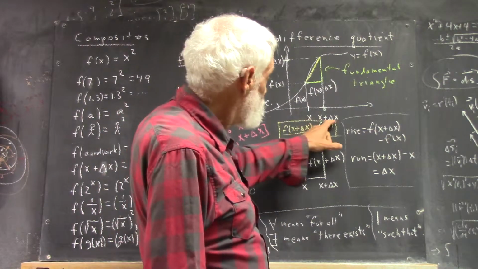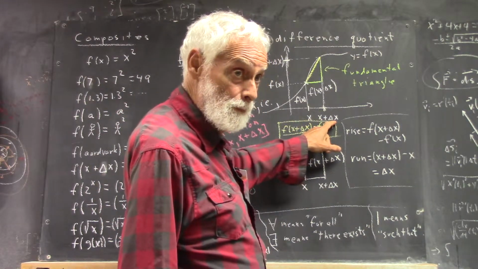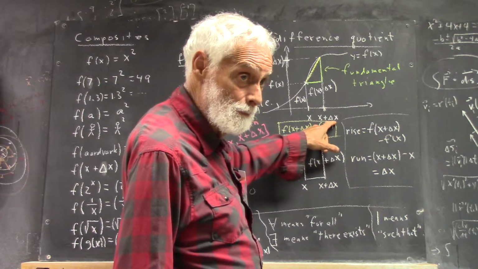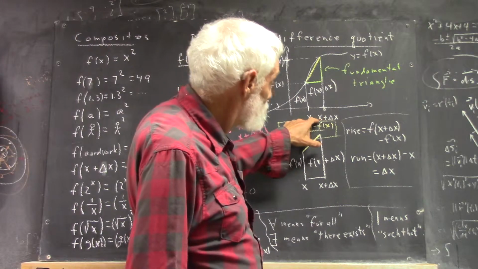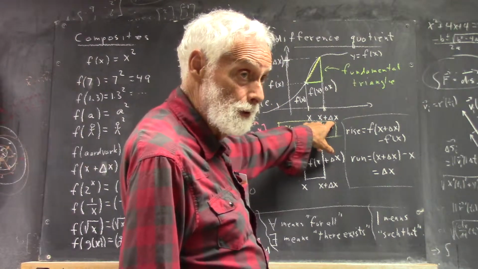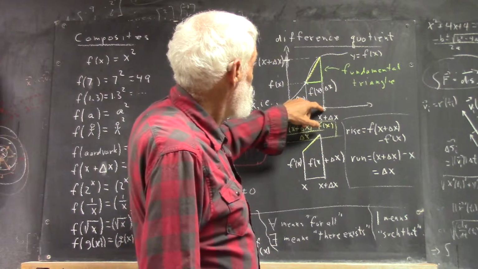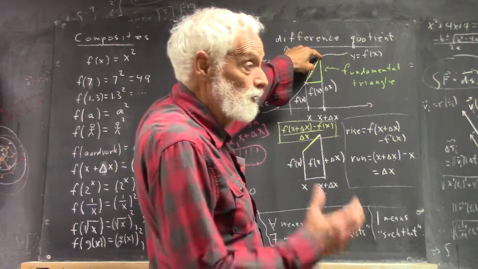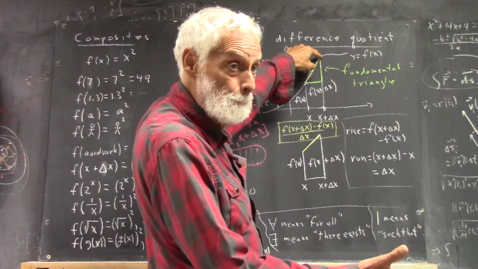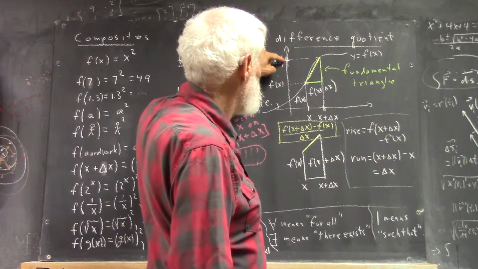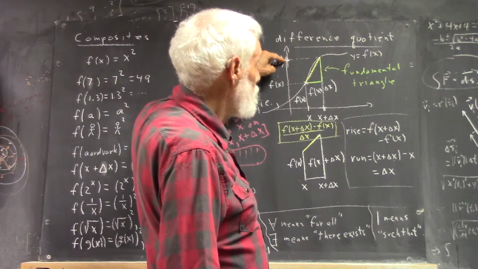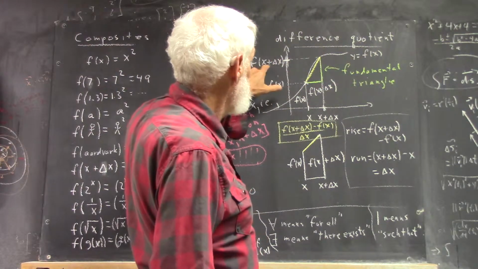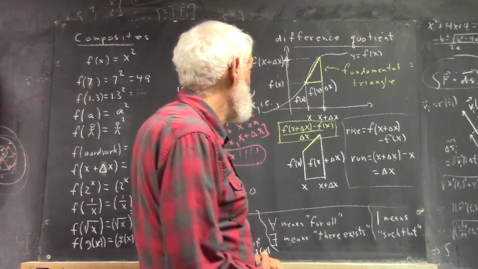Now, if I've got x plus delta x here, then I want to know where f of x plus delta x is. Well, if this point has coordinates x plus delta x, then the y coordinate up here is x plus delta x, y, right? So here's your y coordinate, but of course the y coordinate is what you get when you put x plus delta x in for x, so that's f of x plus delta x.